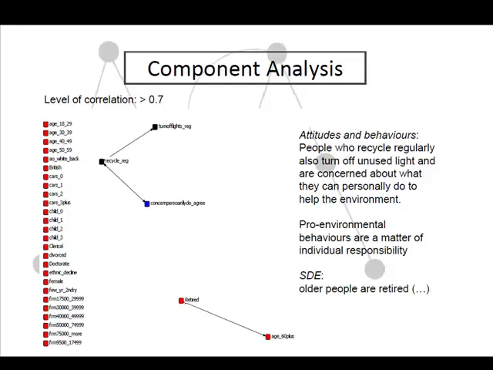So it seems that we have two different sets of behaviors, which are sustainable behaviors, and they are related to a matter of individual responsibility. And then we have these two socio-demographic variables, which don't really tell us much. It just says that older people are retired, which you would expect, hopefully.